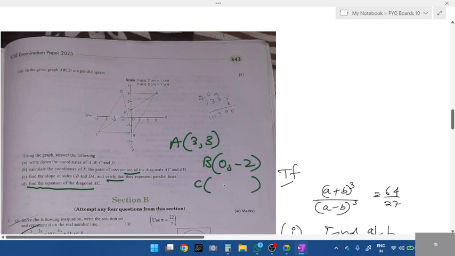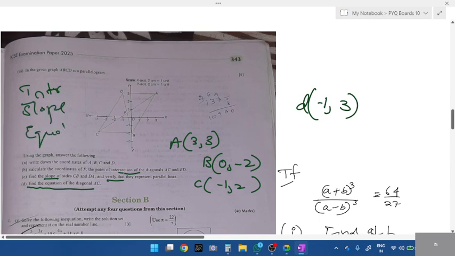No, no. C. Minus 1, minus 2. D? Minus 1 comma 3. These are the coordinates. Calculate the coordinate of P, the intersection. Okay, look at these keywords: intersection, slope, equation. It's a simple concept.